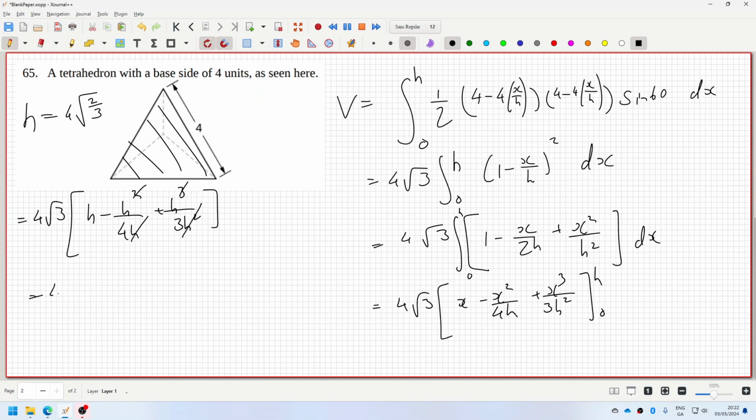Okay, so that's 4 root 3, 13 over 12 h, which is 4 root 2 over 3. Yeah, 52 root 2 over 3, because they cancel.